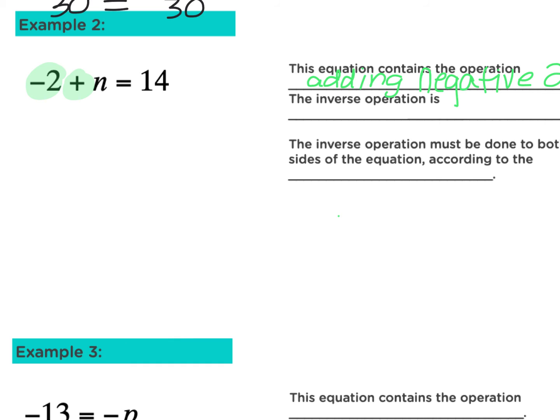You've got an n, you've got that variable, and then you added a negative 2 to it. So I got to identify what's happening with that variable. Then I need to identify, well, what's going to be the opposite of adding a negative 2? What's the opposite of negative 2? A positive 2. So that's one way you can do it.